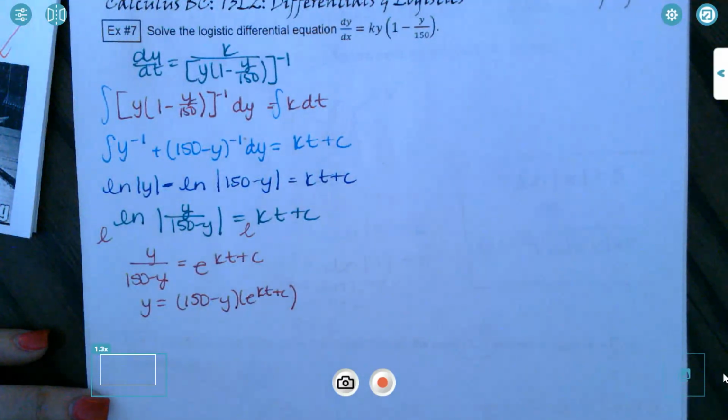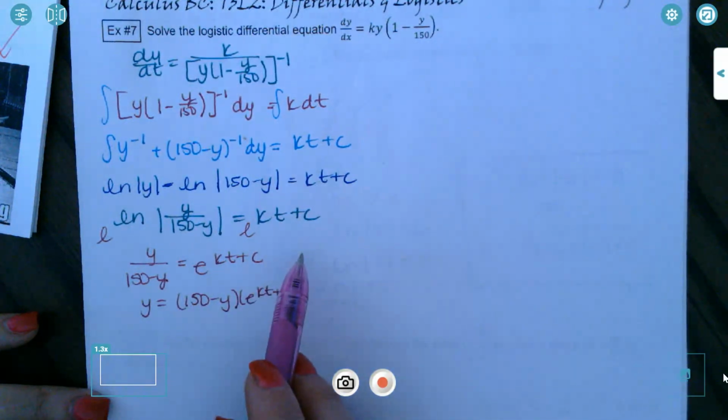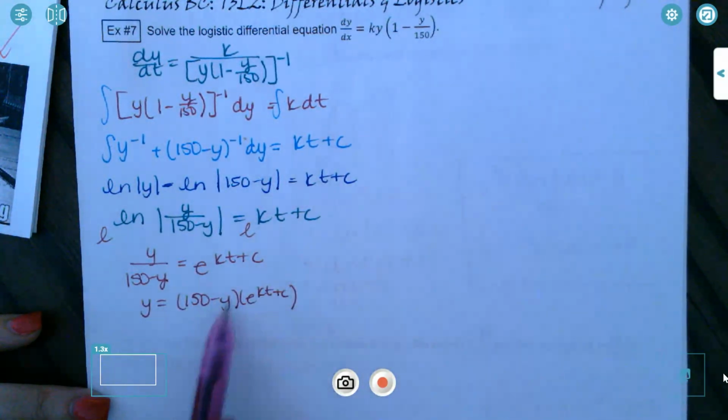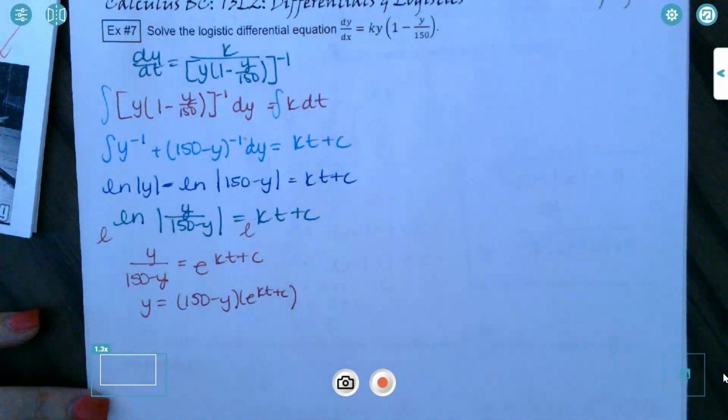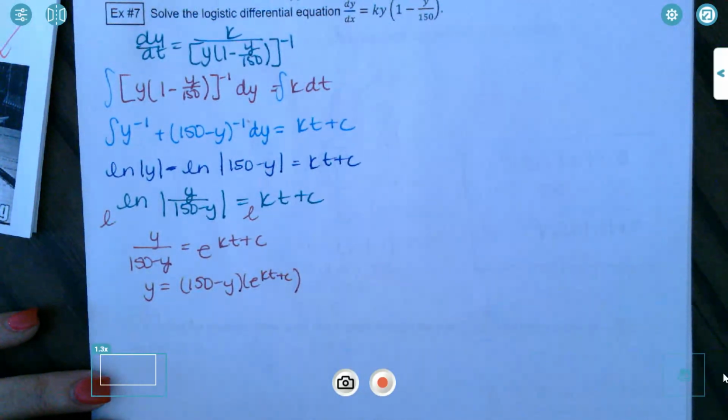Now, obviously, we still have two y's here, right? So that presents an issue. All right, so I need to isolate and get only one y.